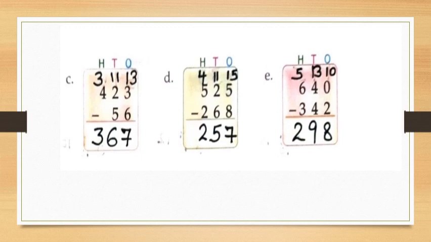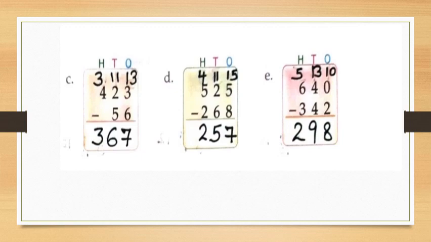Now children, 11 minus 5 is 6. So write 6 under tens. Now children, at hundreds place, 3 minus 0 is 3. So write 3 under hundreds place. So children, your answer will be 367.